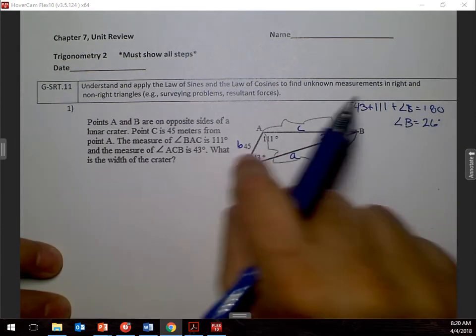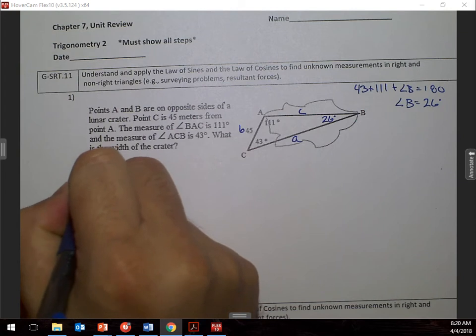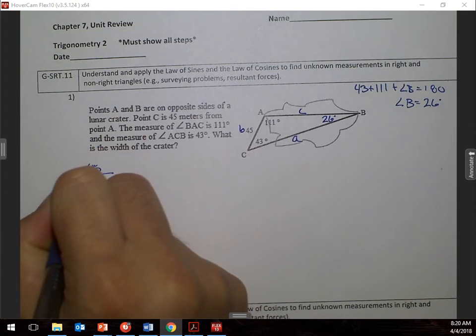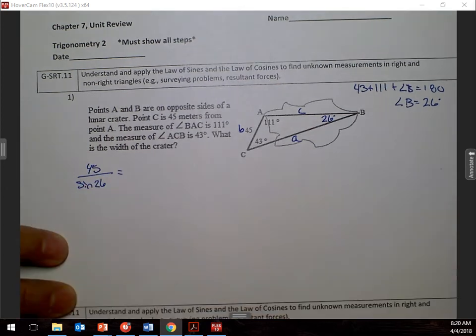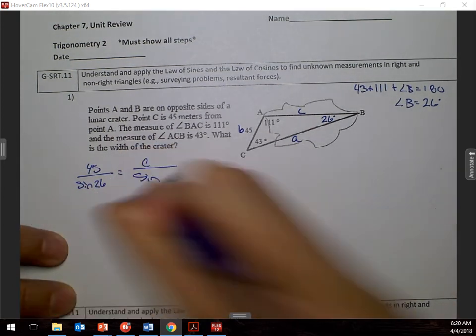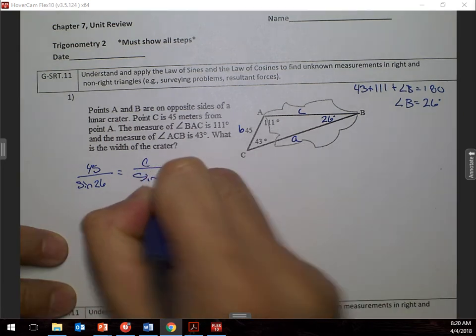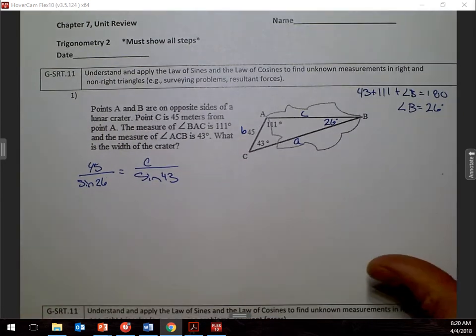So right here, I'm going to start off with my law of sines. It's 45 over sine of 26 is equal to little c over sine of 43. From here, I'm going to do my cross products.